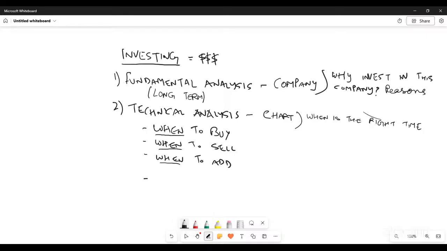And then the fourth thing I can add, when to reduce your sizing. Okay. But everything revolves around when. It's no longer when to buy only.